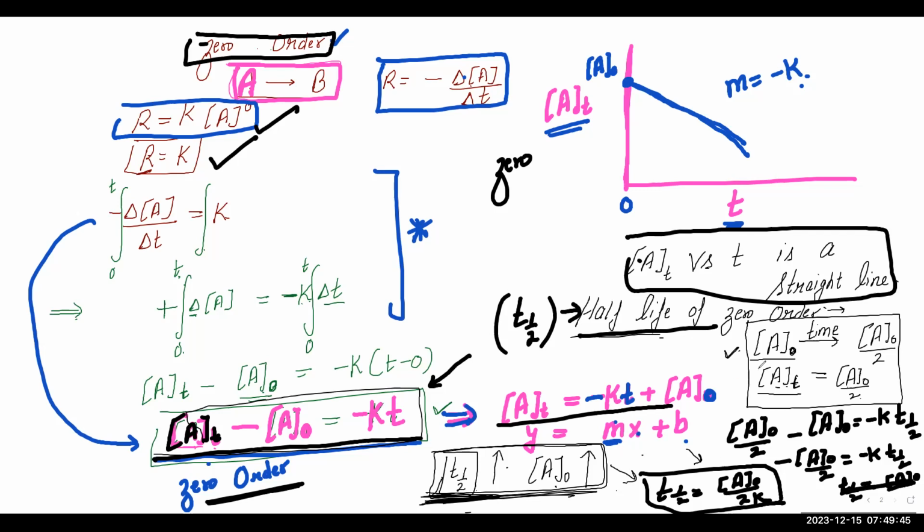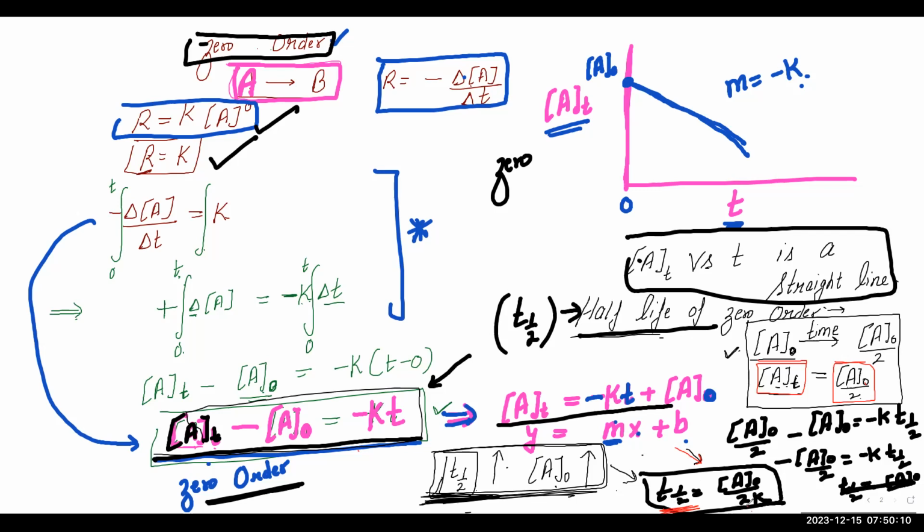Then you can say that at the half-life, the concentration of A left is exactly half of the initial concentration. Plug in this value in this integrated rate law, rearrange everything, and you will get the mathematical equation for the half-life of zero order kinetics.